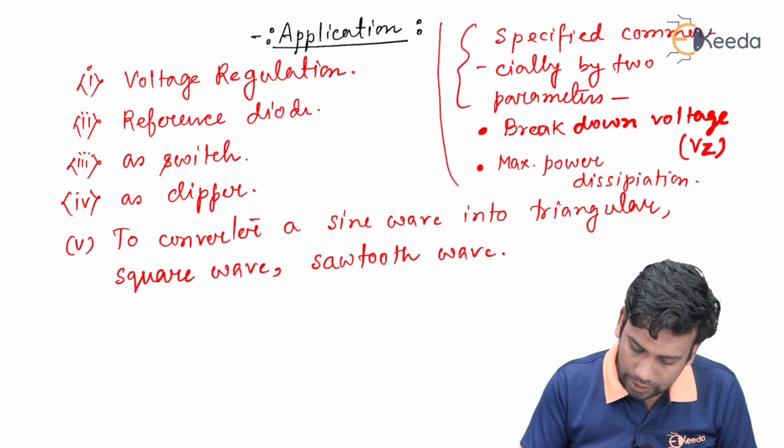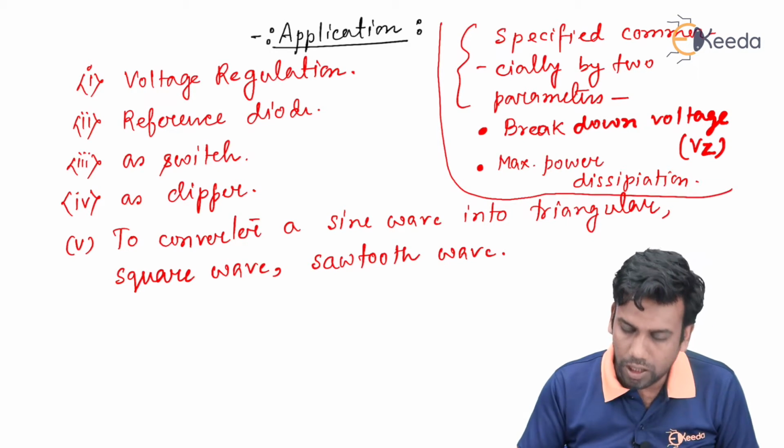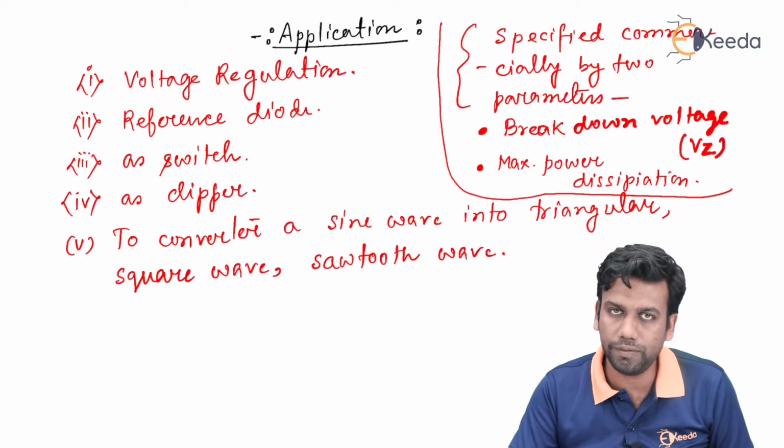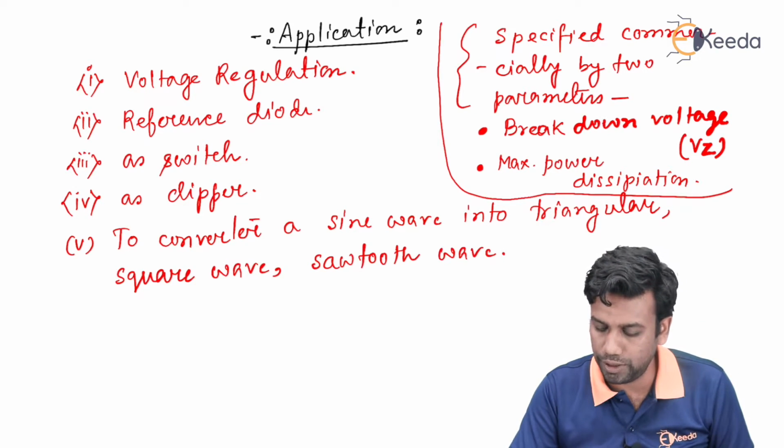Generally, it comes as how many watts and how many volts of Zener diode do we need, and this information should be provided by us to the shopkeeper so that they can provide the specific Zener diode.